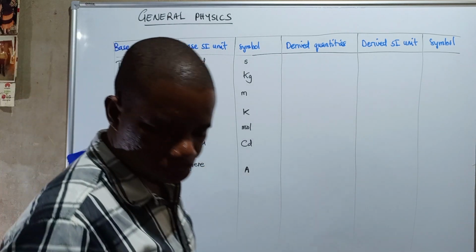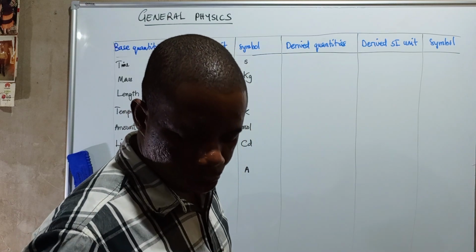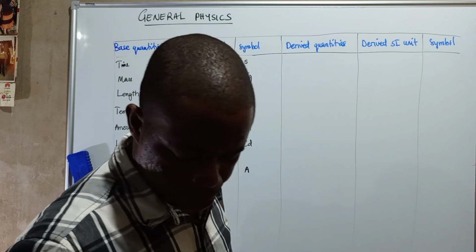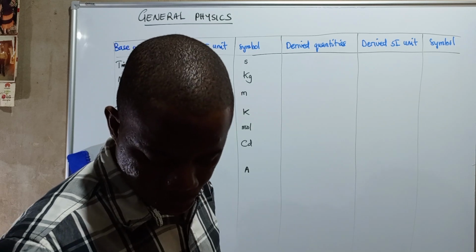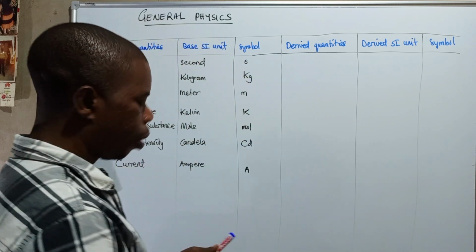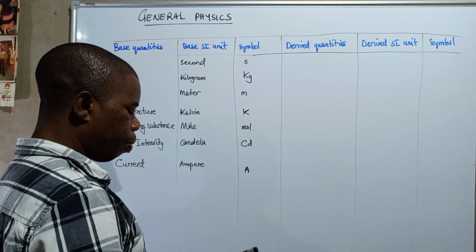Now we can talk about others like force, speed, and volume, which are derived quantities. Let's say force.